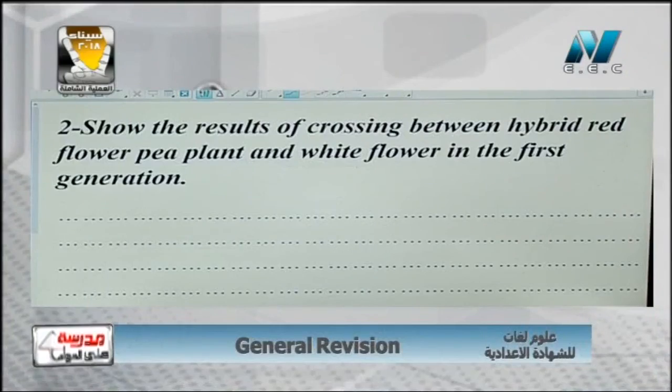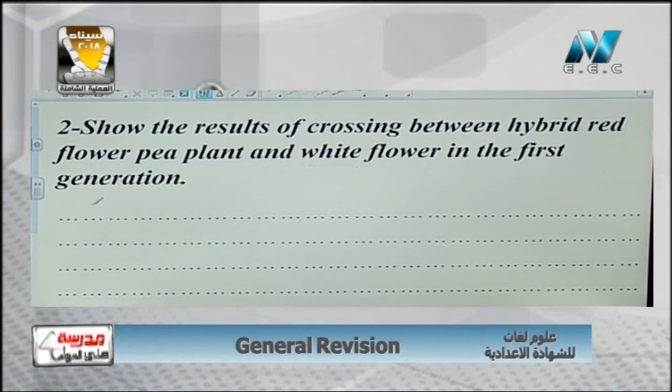Okay. Next type of question is to show the result of crossing between a red flower pea plant and a white flower plant in the first generation. We want the first generation red, but be careful, it is hybrid red, not pure. Let's solve it together. We have three steps: parent, gametes and first generation.